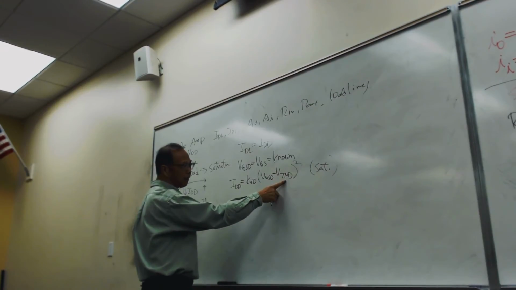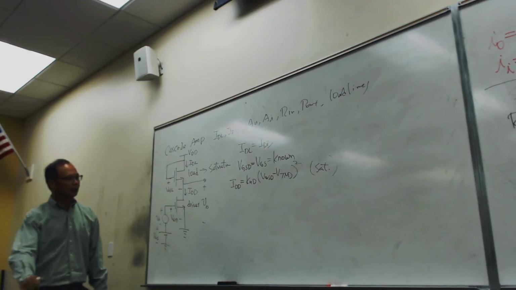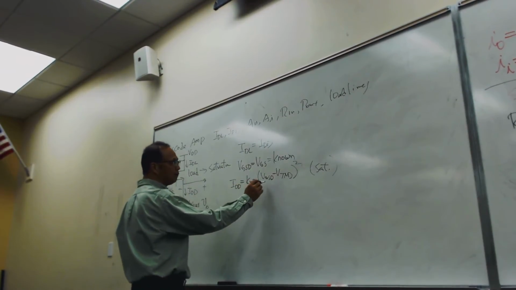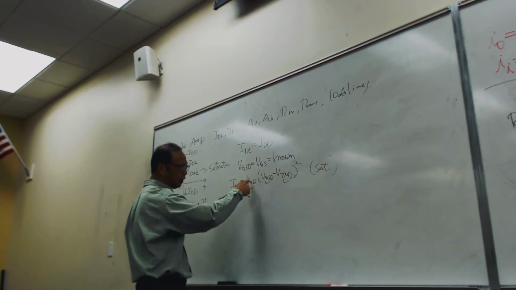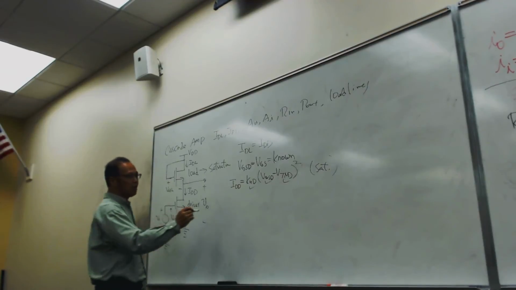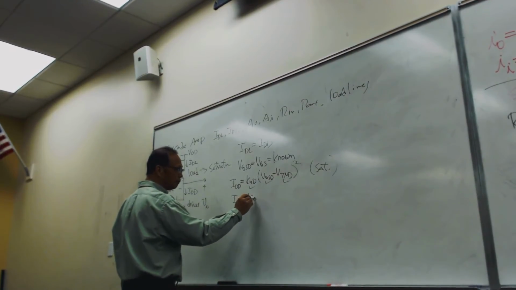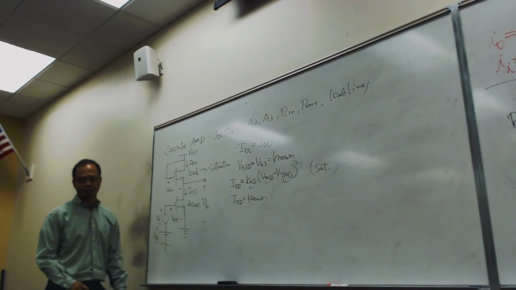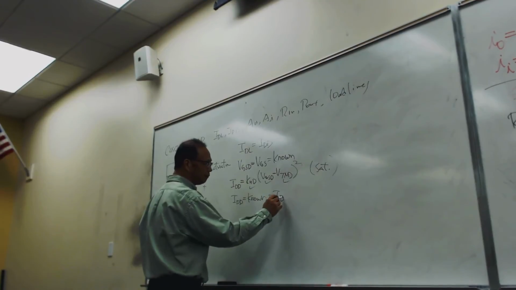That is the threshold voltage for the driver. Known, right? Right here, known, because these are parameters that are supposed to be given. So therefore, IDD is known. You can calculate. And therefore, this is IDL.